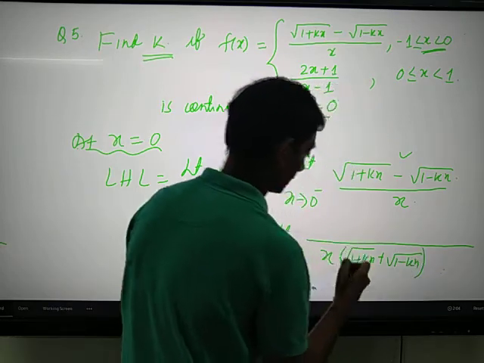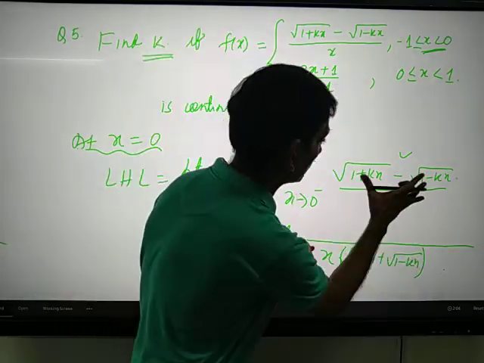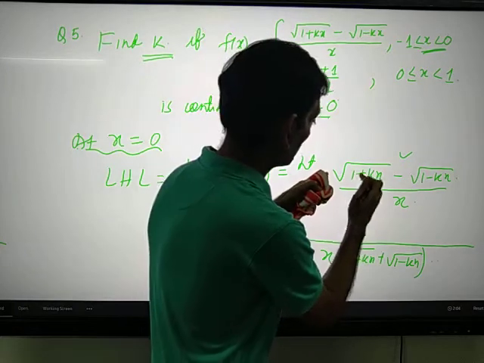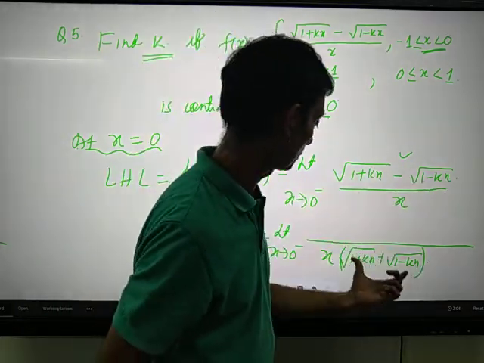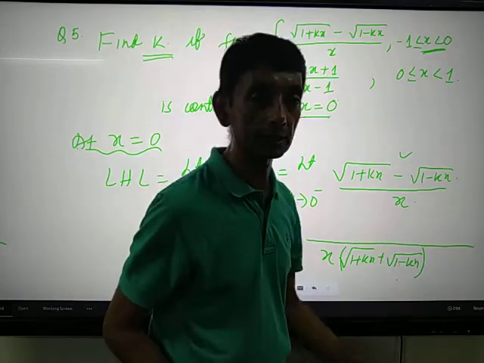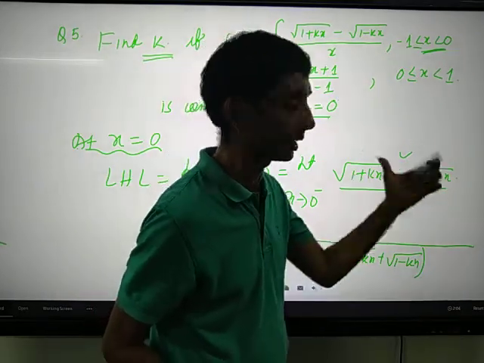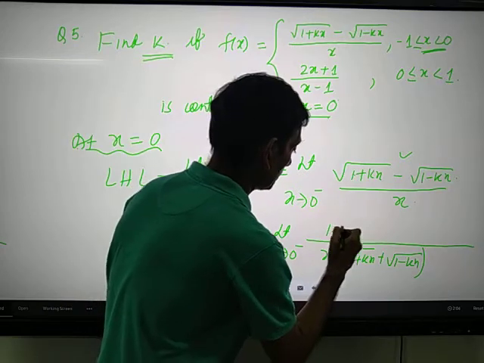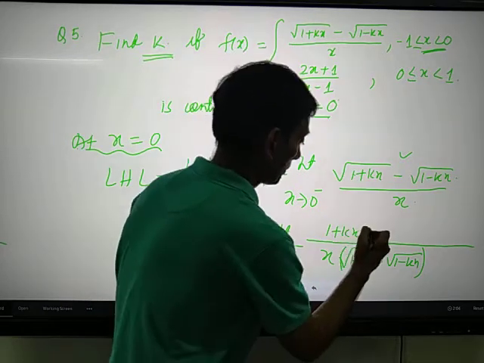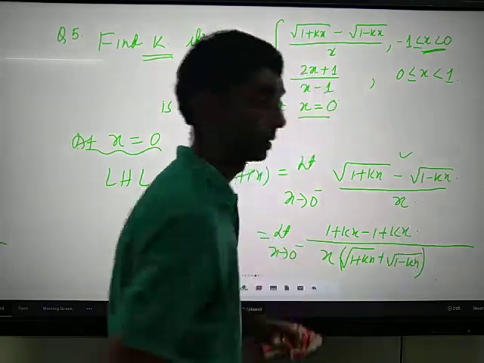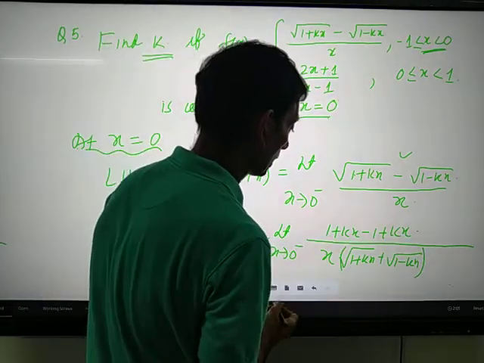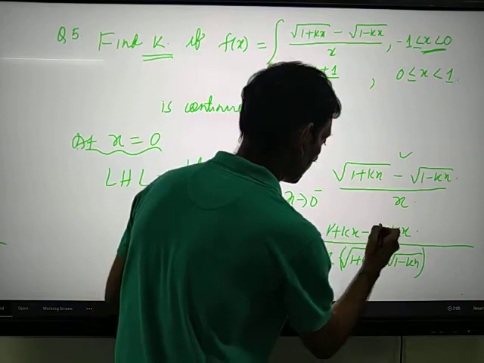We'll multiply the same term in the numerator, so root 1 plus kx minus root 1 minus kx, multiplied by root 1 plus kx plus root 1 minus kx. We'll be using the a minus b and a plus b formula. So it will be 1 plus kx minus 1, and minus minus will be plus, so it's kx plus kx. The 1 will be removed.